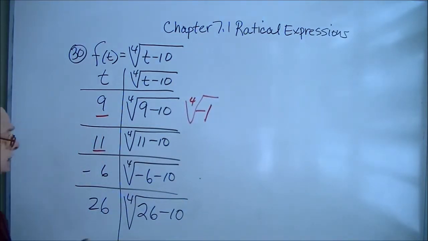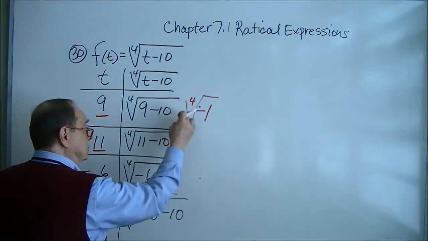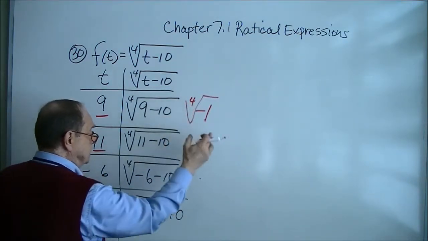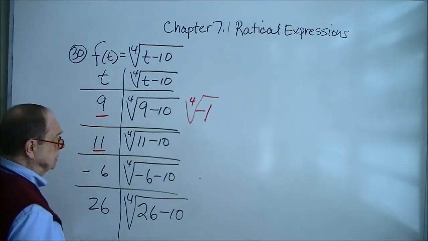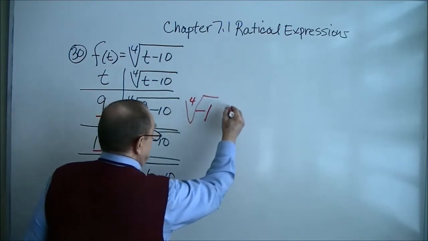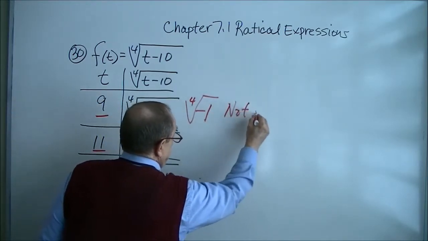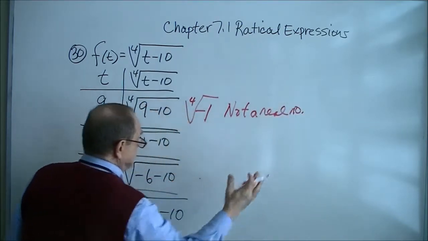Now again, anytime the index number is even, 2, which we don't write, 4, 6, and we have a negative sign under the radical, then it is not a real number, or the number does not exist.